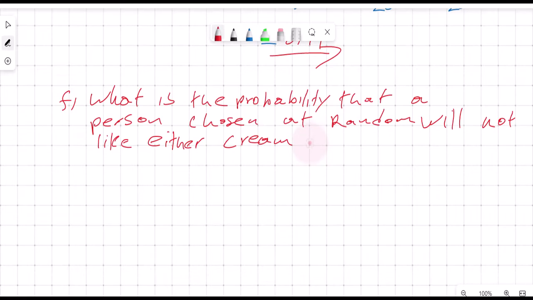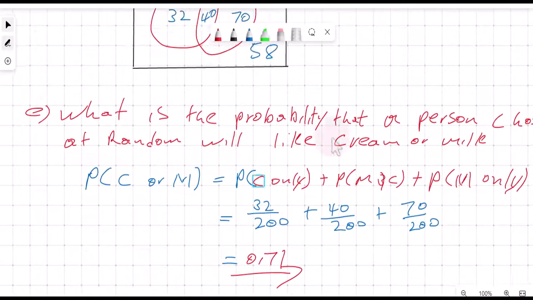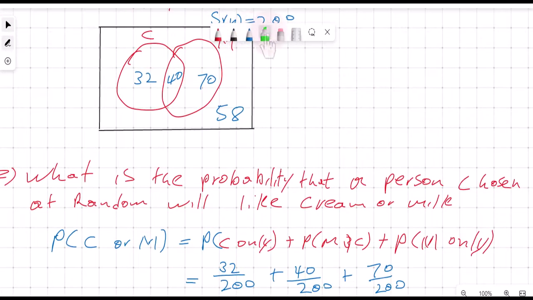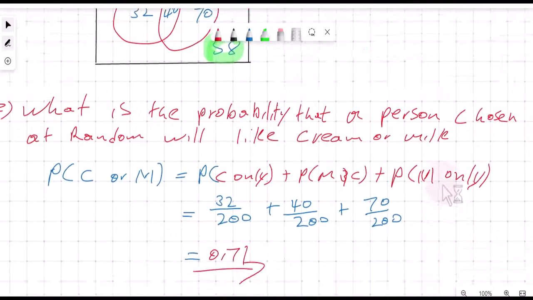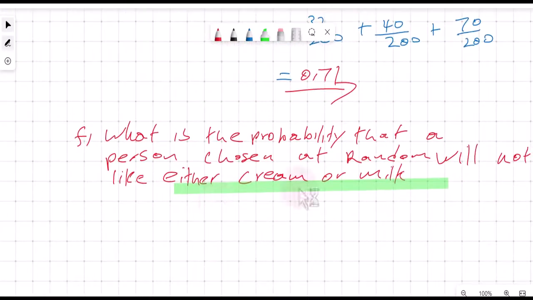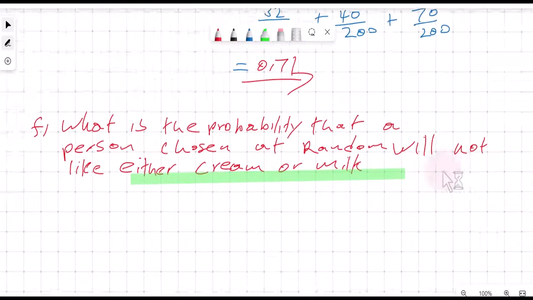Okay, so this person will not like either cream or milk. It means this person does not like both of them. Who is that person? Those who don't like milk or cream, how many are they? What is the probability of choosing a person that does not like either cream or milk? It's those that are not interested in any of these.